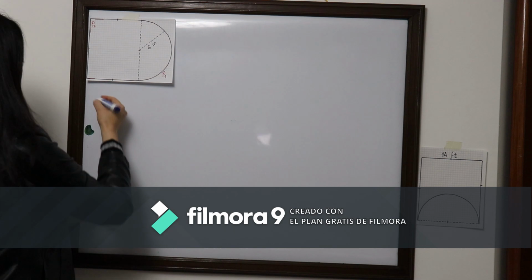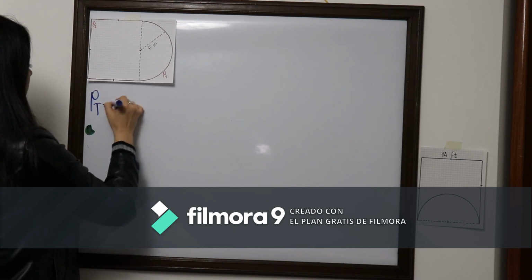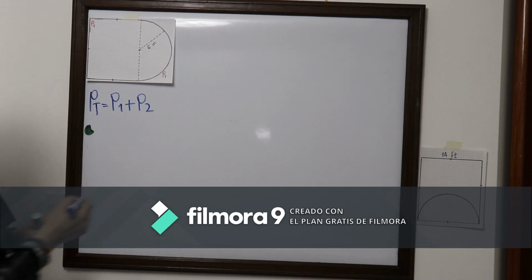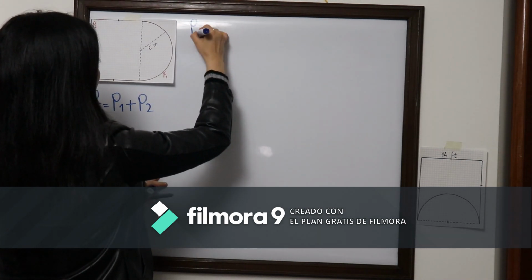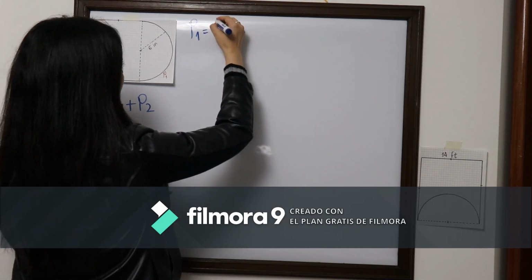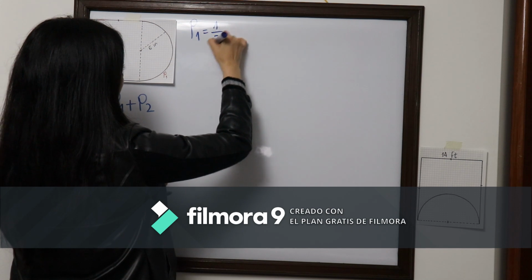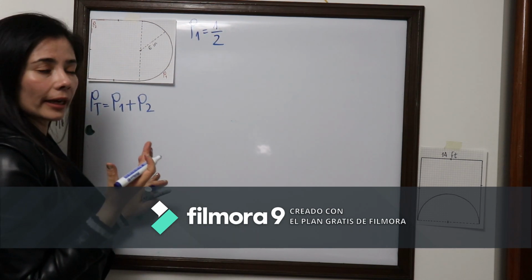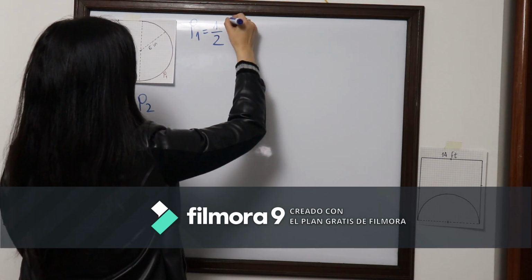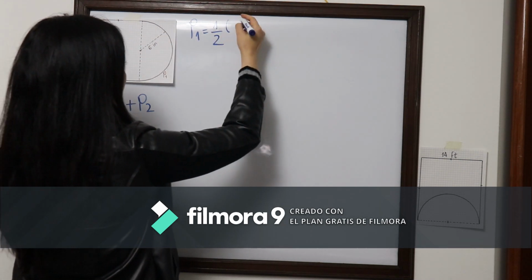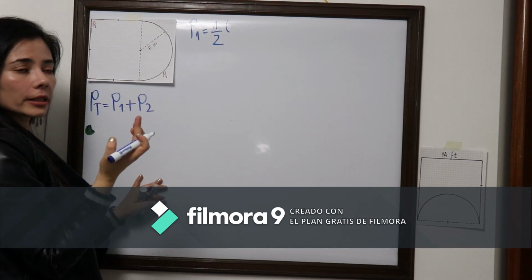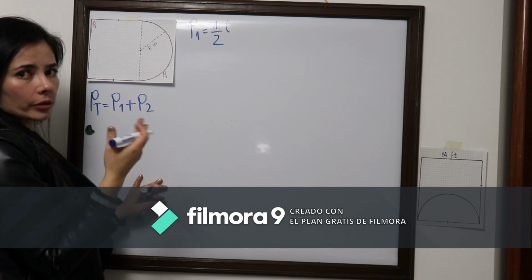Again, remember the total perimeter is going to be the addition of the two perimeters we have right here. And then perimeter 1, this time, it's not going to be 3/4 as we checked on the other exercise, but it's going to be 1/2, right? Because we need half of the circle, of the circumference, sorry. And then we're going to have, again, we have our radius, but we also could actually count the diameter, right? So whatever you want to use is fine.